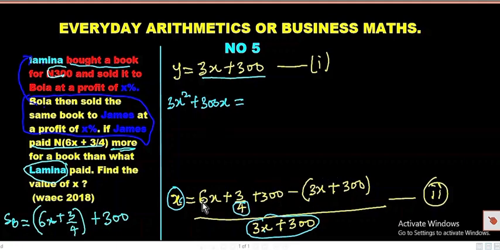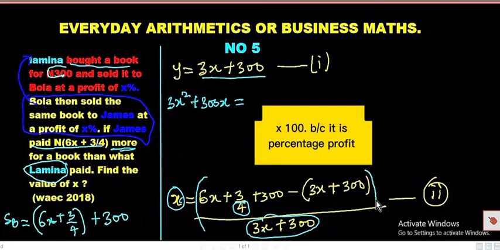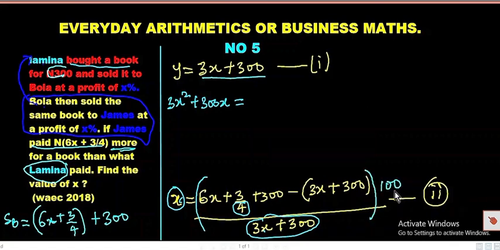4 times 6 is going to be, oh, there is something I'm forgetting. Remember, I must multiply everything by 100. So I'm going to have 100 times 6x, which is going to be 600x, plus 100 times 3 over 4, which is going to be 75.